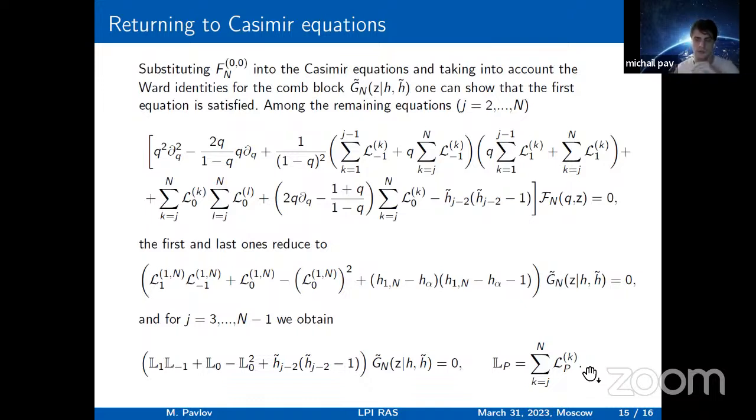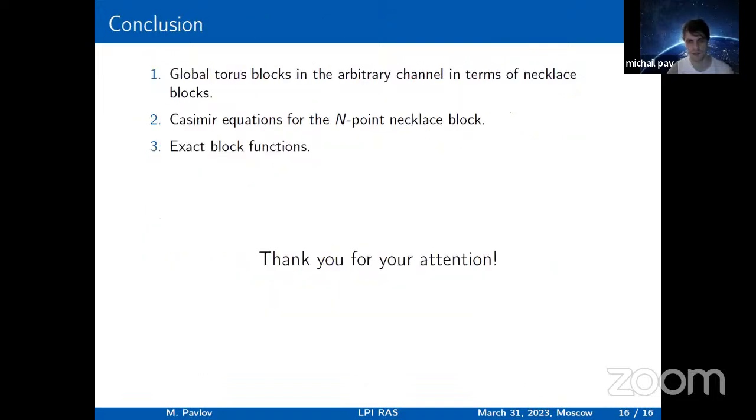So after substitution we obtain the correct system of Casimir equations for this block j with a tilde, which means that we checked our result using Casimir equations. And basically this is the essence of our work. I guess that's it.